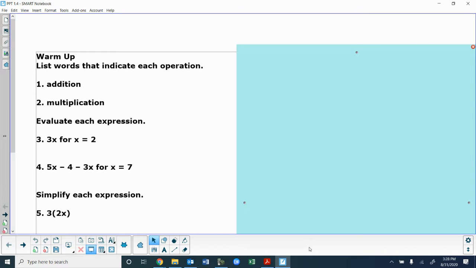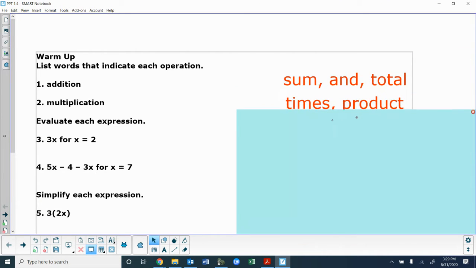So just for a warm-up here today, think about some words that mean addition. So I'll just pull the slide down, the screen down. Sum and total are words that would work for addition, and then for multiplication: times, multiplied by, product.